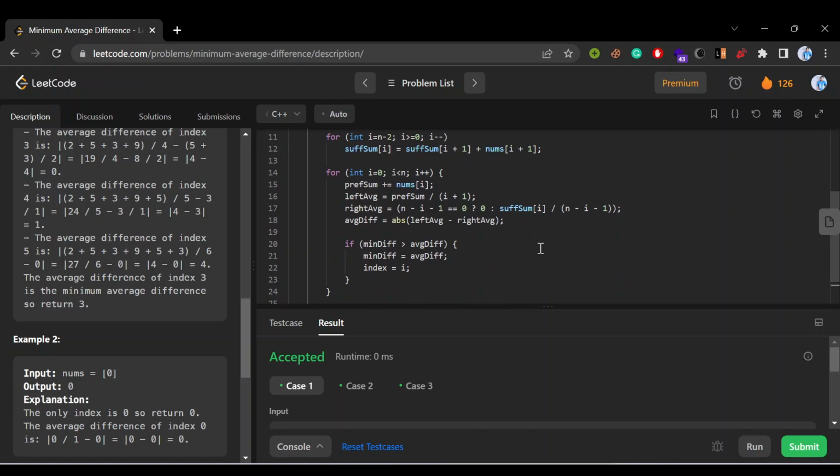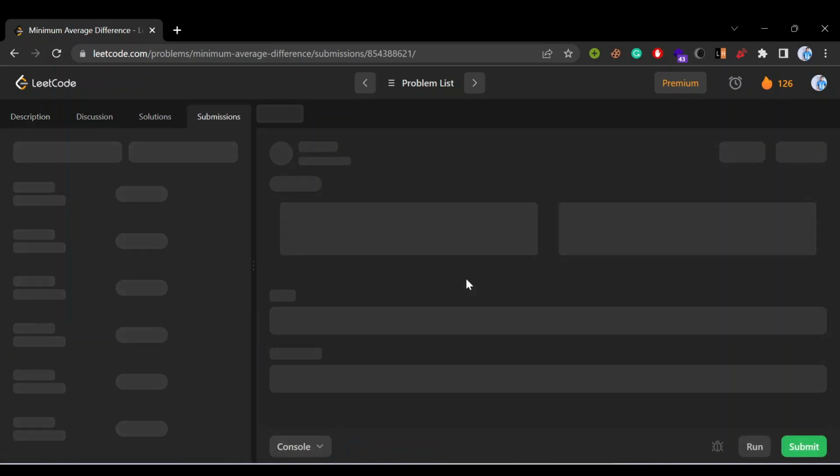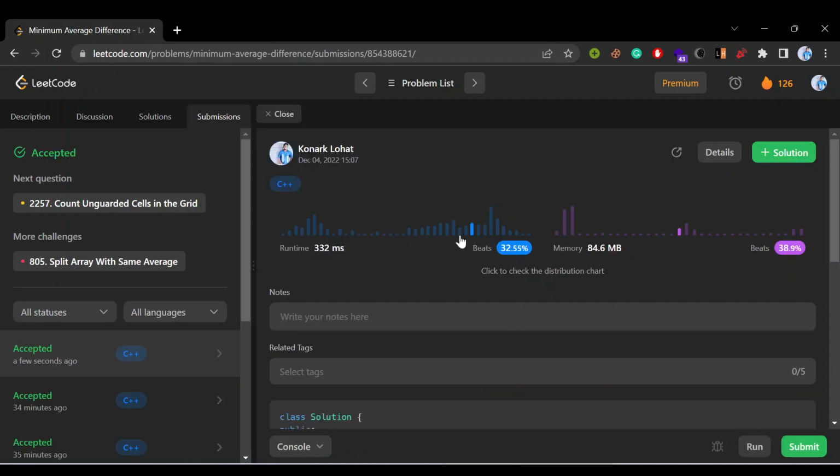So now let's try submitting it. Yeah, it works, and it is performing very badly. I have no idea why.